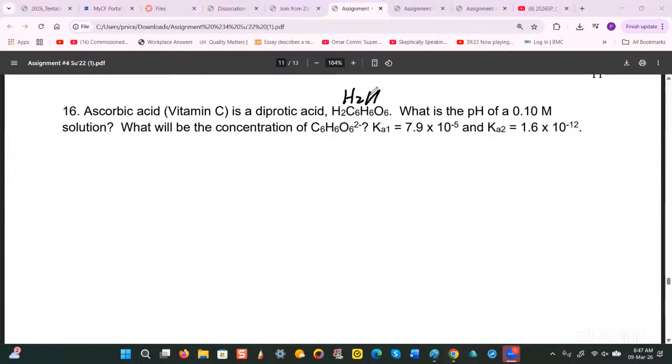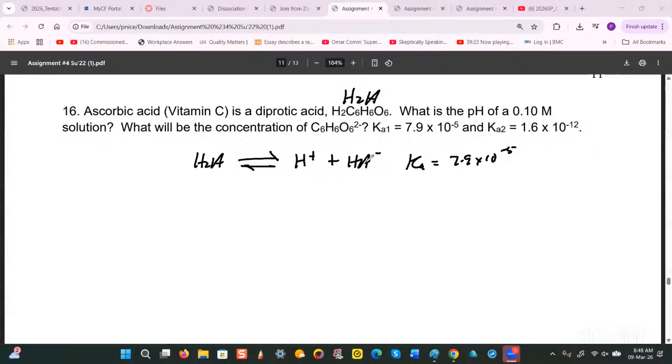All right? So the question is asking, what is the pH of a 0.10 M solution of this acid? And it gives you the Ka value associated with each dissociation, right? So basically what they're saying here is that for the first dissociation, to give H plus and HA minus, the Ka1 value is equal to 7.9 times 10 to the minus 5.